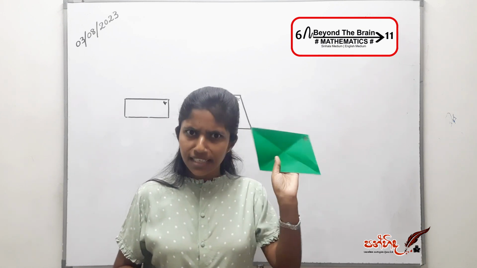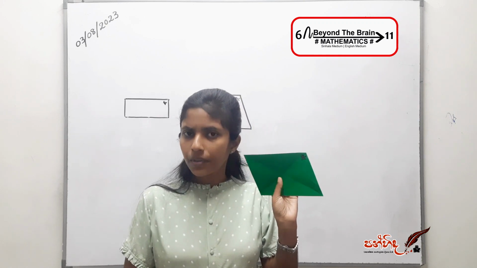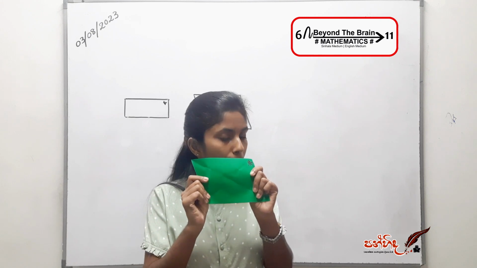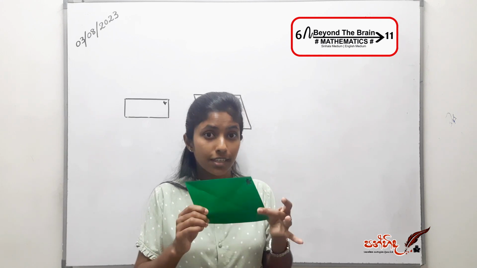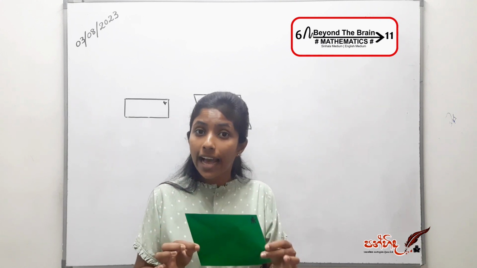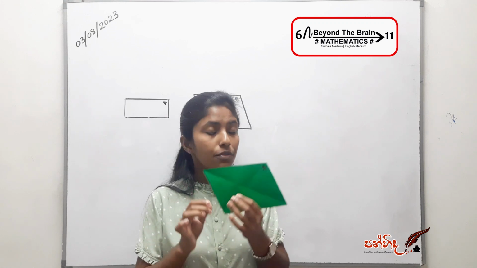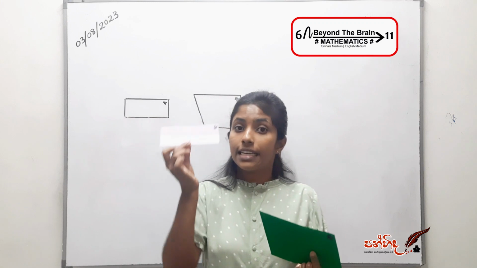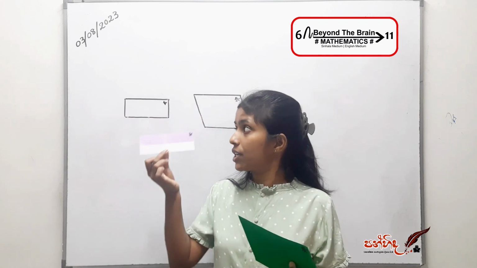But does it have bilateral symmetry? No, right? That means even though this parallelogram has rotational symmetry, it does not have bilateral symmetry. That is a very, very important thing. When you consider the rectangle, it has both bilateral symmetry and rotational symmetry.